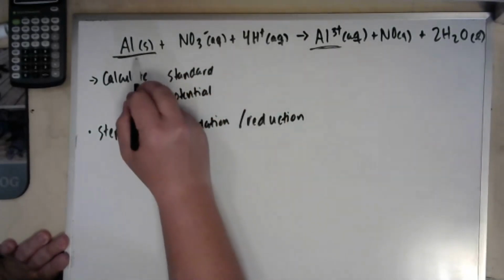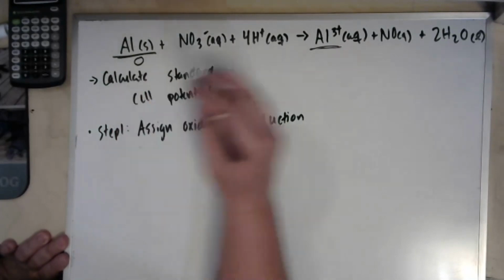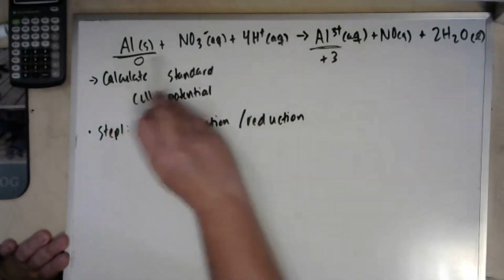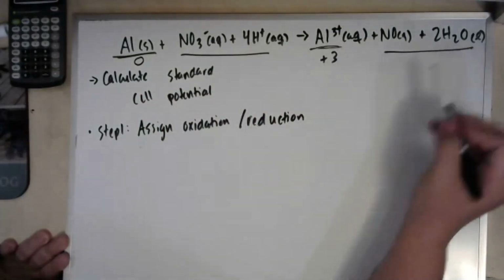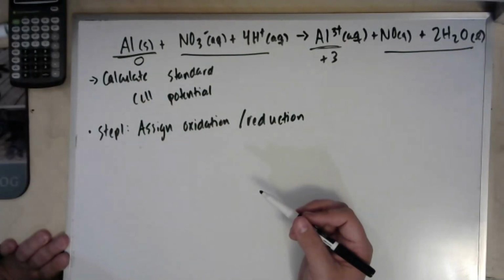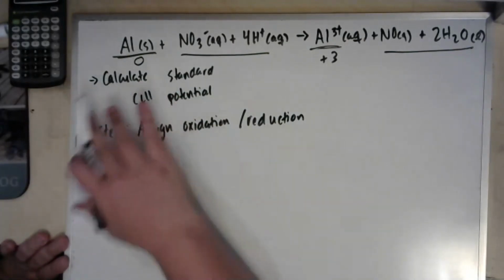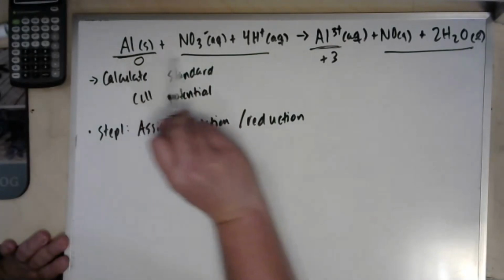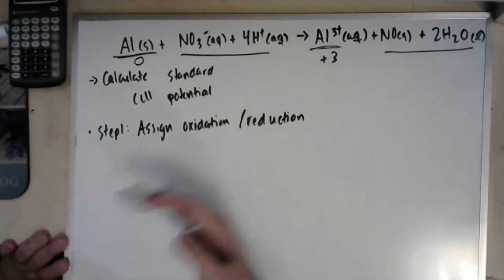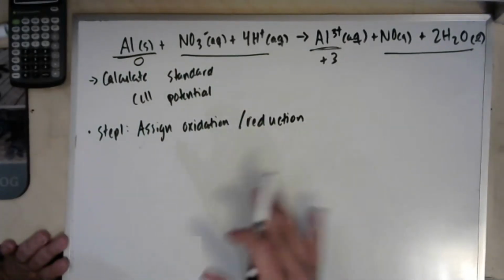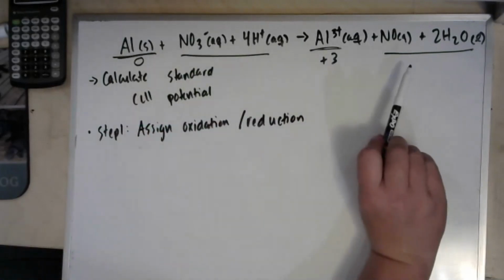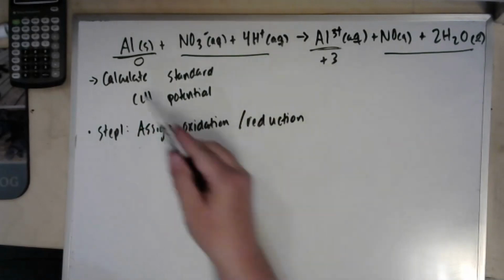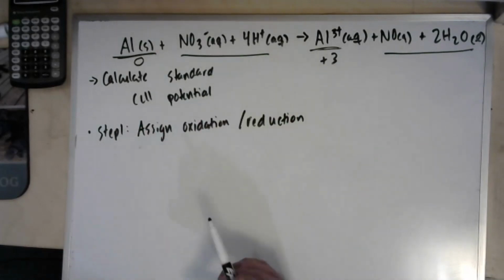So we know that if it's going from an oxidation state of 0 to +3, that has to be oxidation, meaning that the rest of this is going to be the reduction half reaction. Okay, but if it's not clear right from the balanced equation that you're given, or the equation that you balanced for yourself, you should be able to assign oxidation states to everything in the reaction, and you'd be able to figure out that the aluminum is being oxidized and the nitrogen is being reduced.